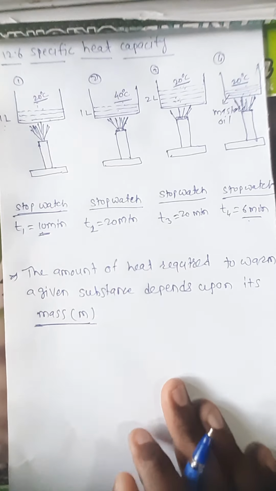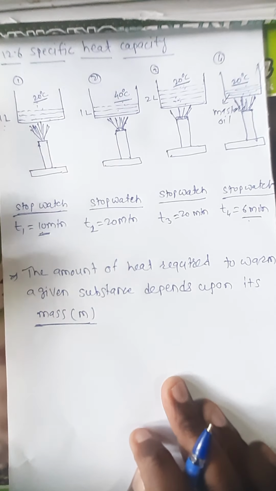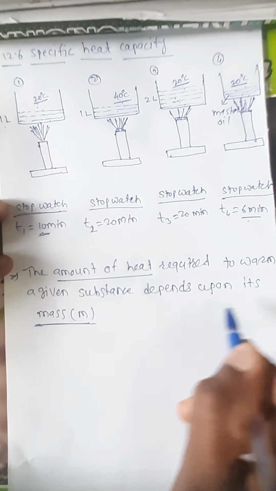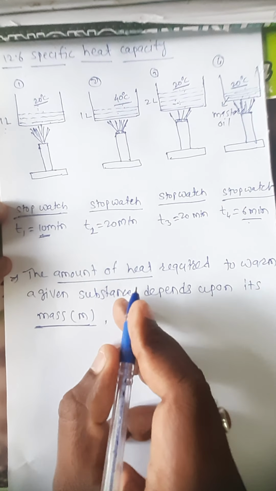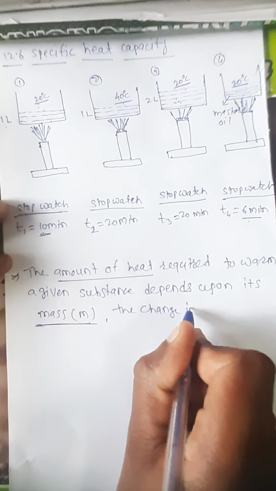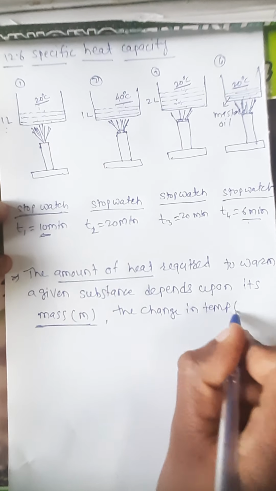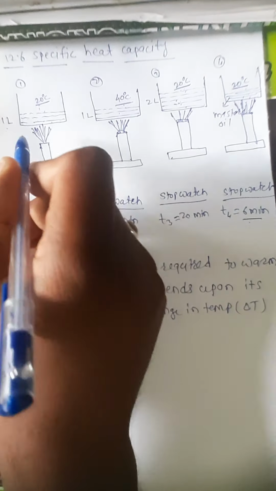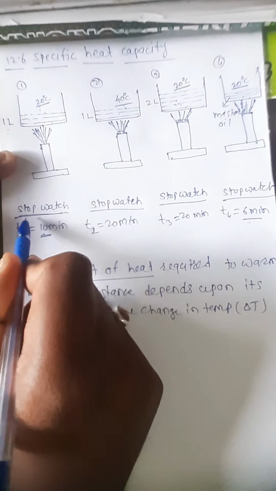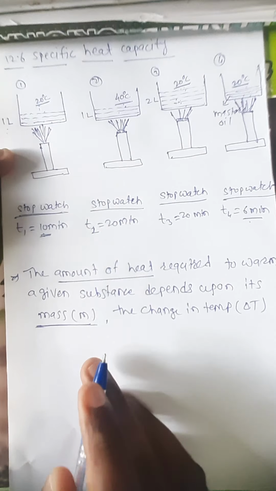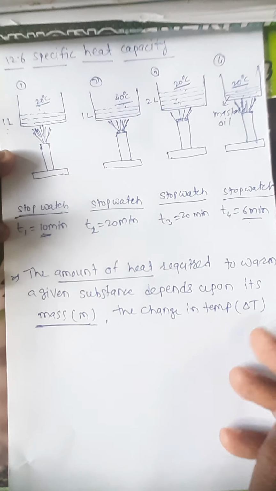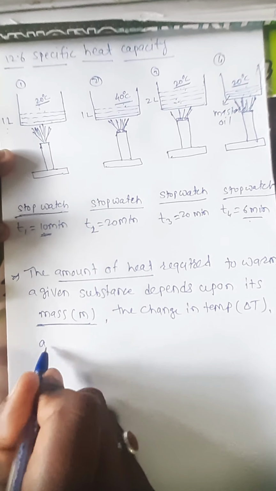If we take more mass, then the amount of heat required is more. It also depends upon the change in temperature, delta T. If we want to change the temperature by more, then the amount of heat required is more. Therefore the amount of heat required depends upon its mass, the change in temperature and the nature of the substance.